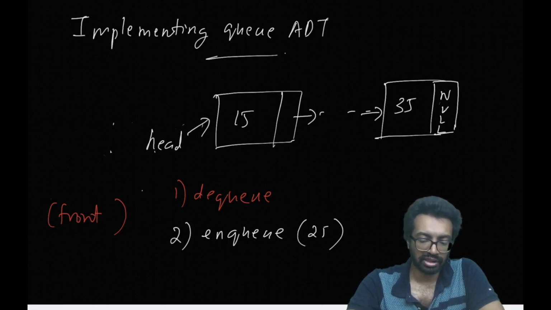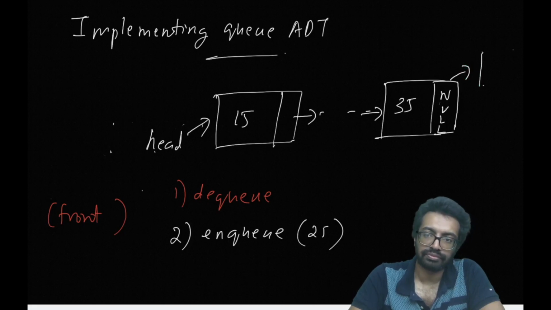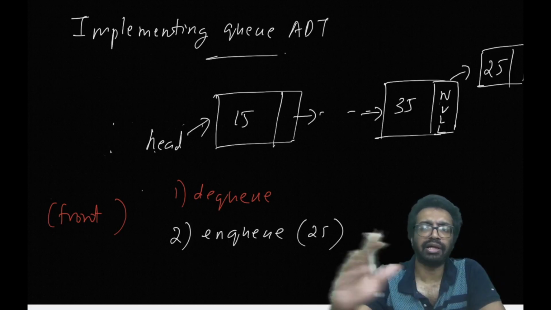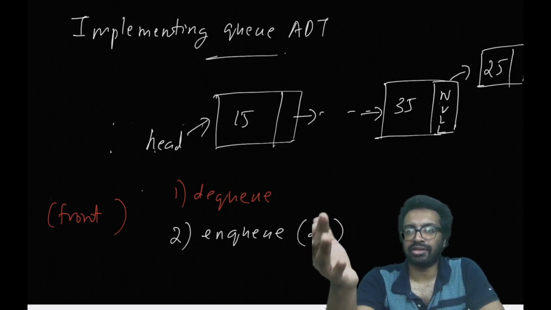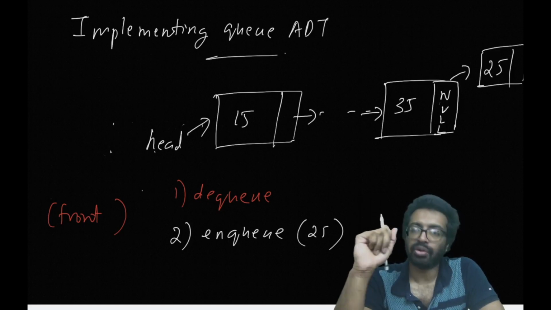So in this case, we'll have to add here, right? This is going to be tricky because to implement this, we'll have to traverse the entire linked list and add this number 25 to the tail of the queue. I mean, this takes a lot of time, as we have seen. This is not a good implementation. So we want a better implementation.